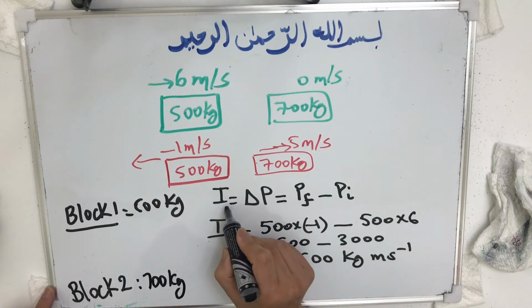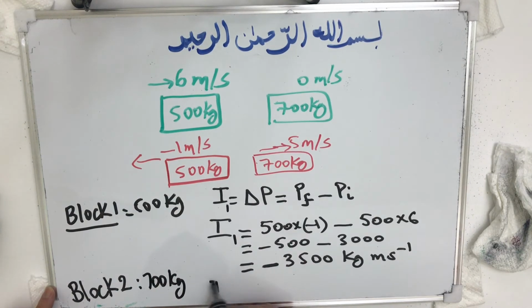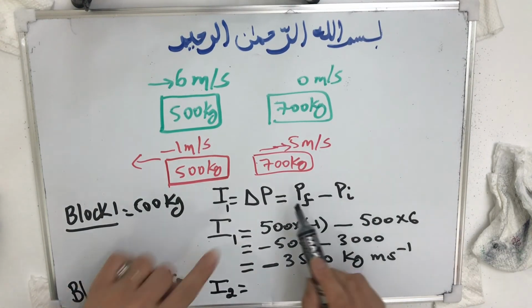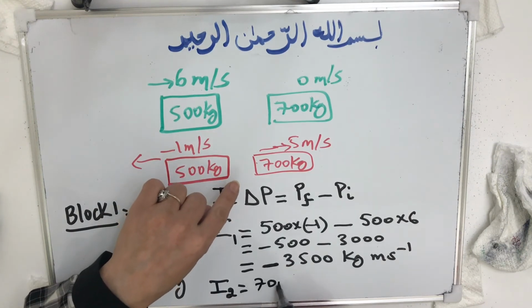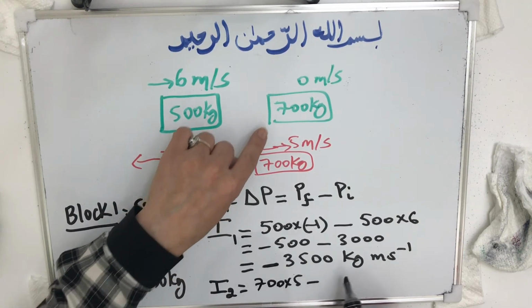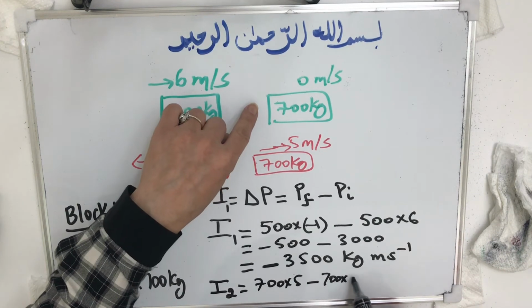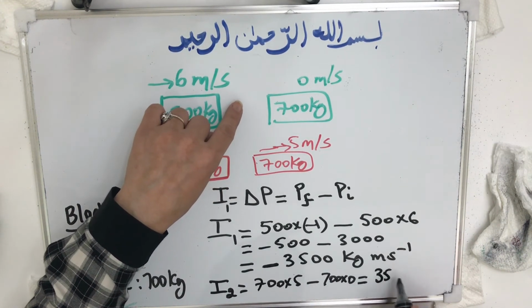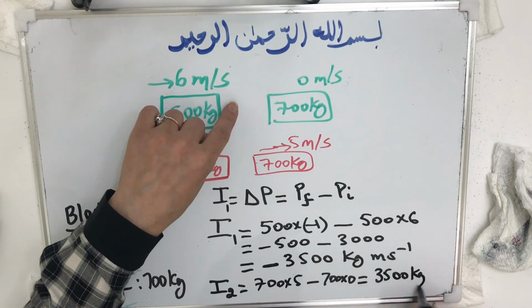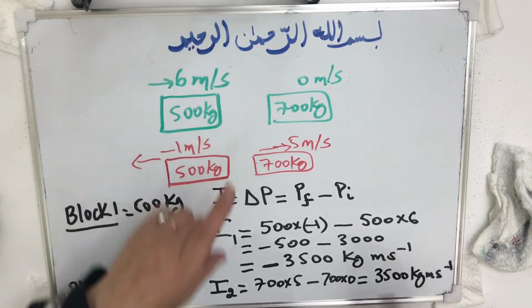Okay, so this is block 1, here block 2. It's just going to be the final, which is 700 times 5, minus the initial, which is 700 times 0. And it is 3,500 kilogram meter per second.